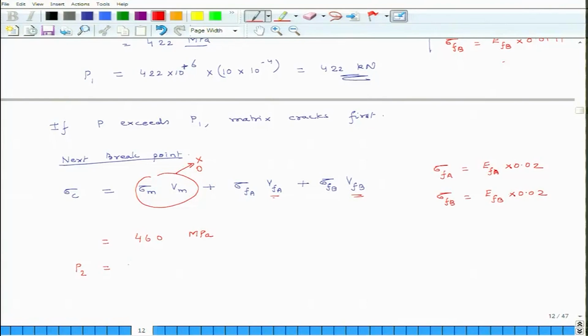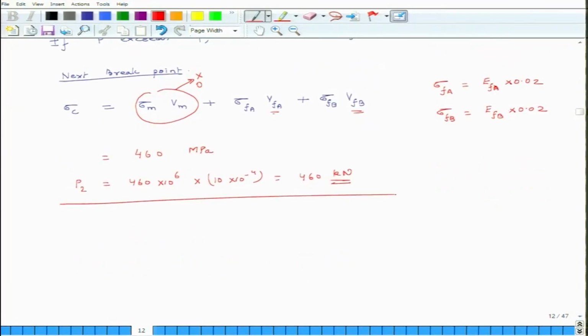P2 is 460 into 10 to the power of 6 into area. So, this is 460 kilonewtons. So, the next breaking will happen at 460 kilonewtons.